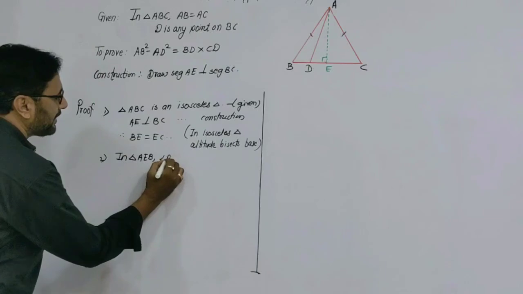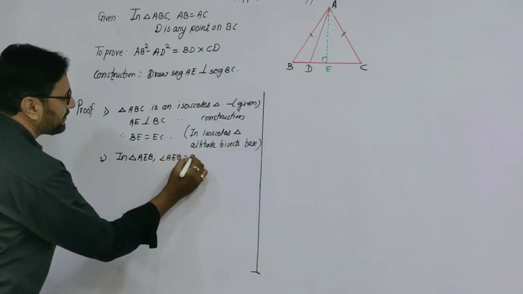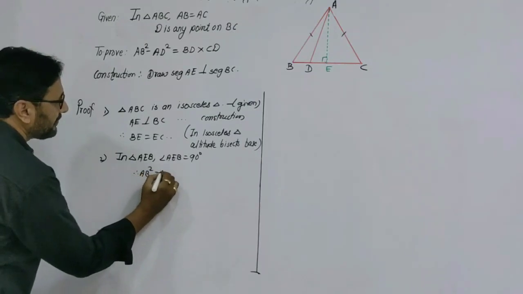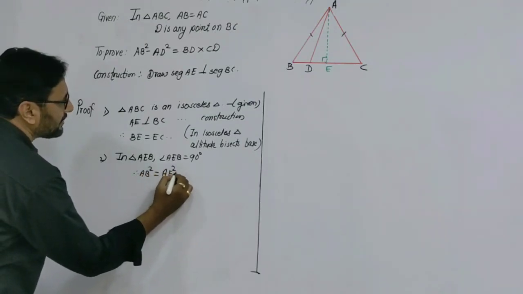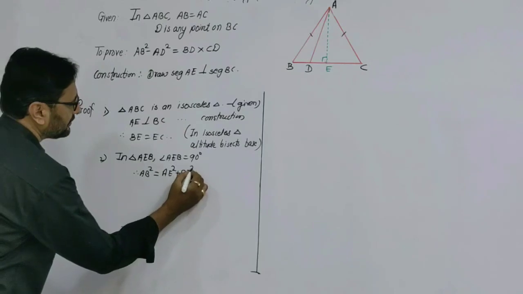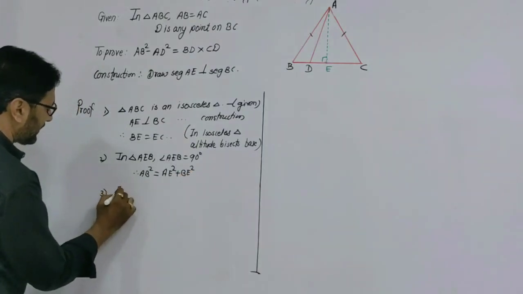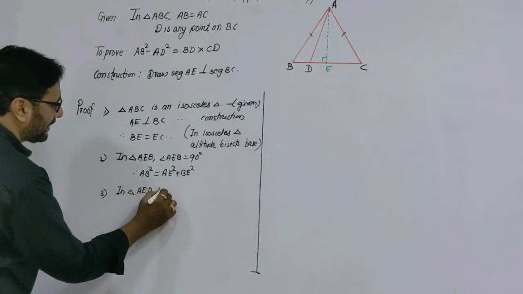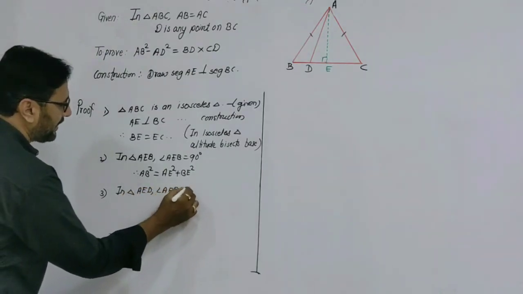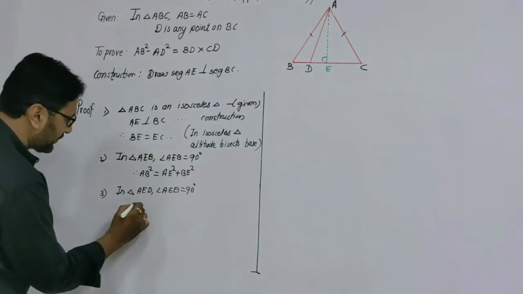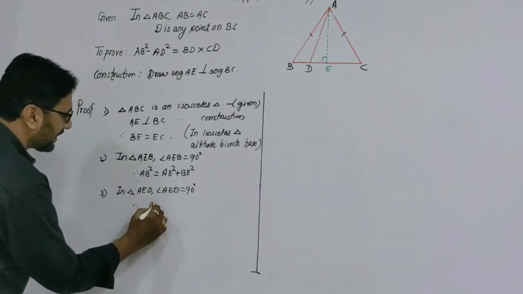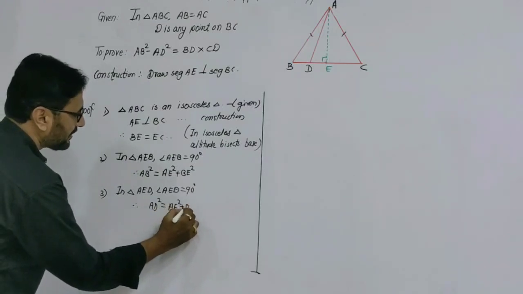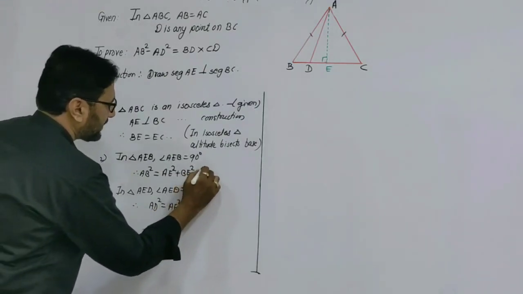You know, angle AEB is equal to 90 degrees. So AB square is equal to AE square plus BE square. In triangle AED, angle AED is equal to 90 degrees. So AD square is equal to AE square plus DE square by Pythagoras theorem.